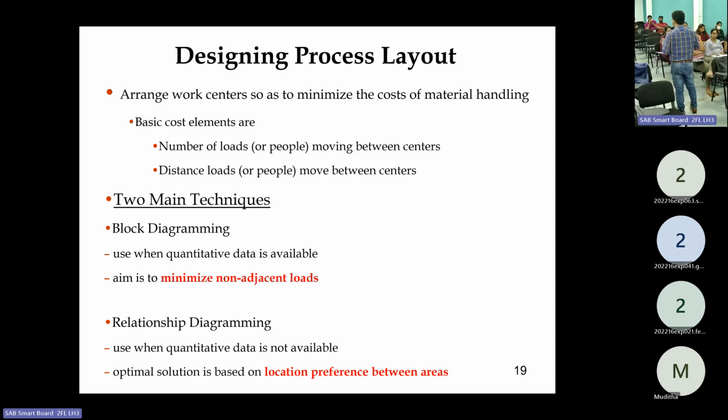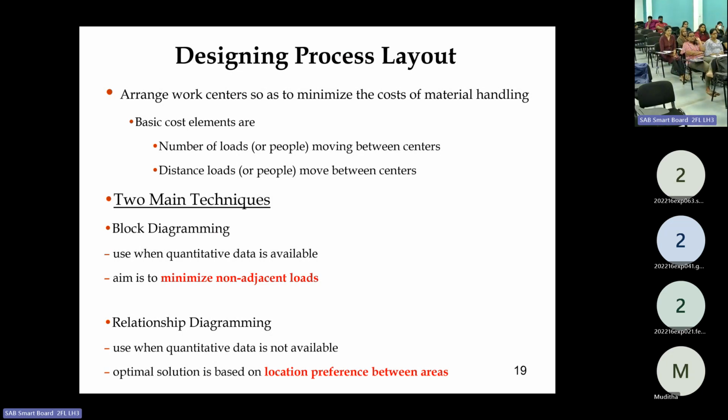When designing functional layouts or process-oriented layouts, the main purpose is to arrange departments or work centers in a way that minimizes the material handling cost. Now, material handling cost depends on two things.